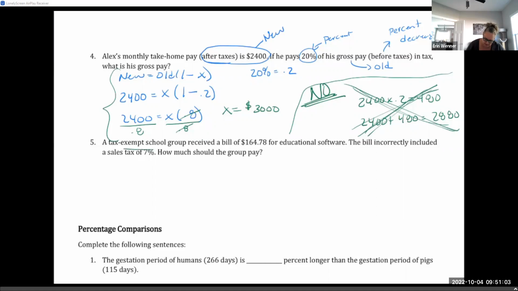Sales tax is considered a percent increase. So we're dealing with a new equals an old amount times 1 plus our percentage. So the bill was $164.78. So that bill included the sales tax. Therefore, the $164.78 is our new amount.